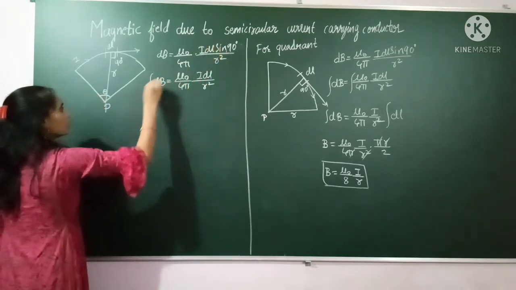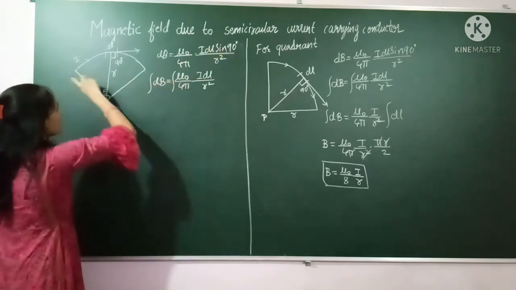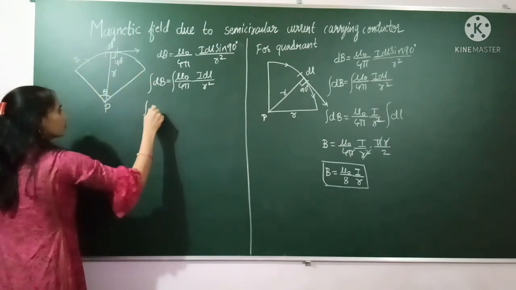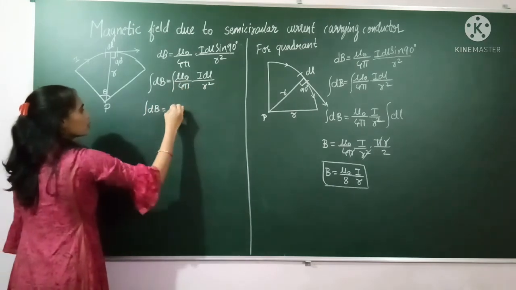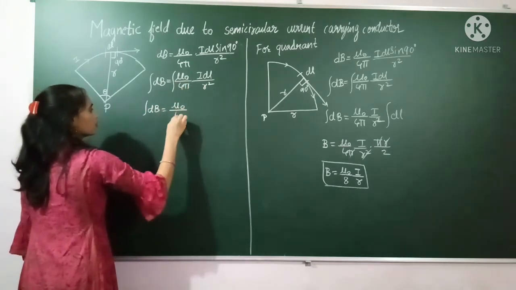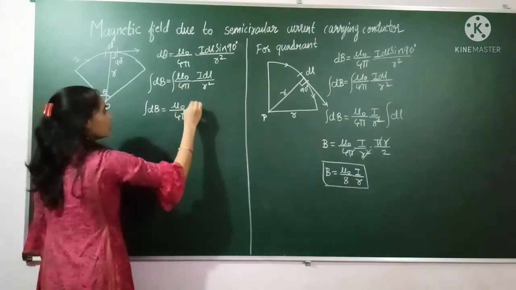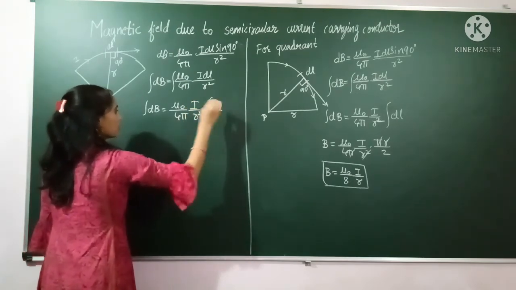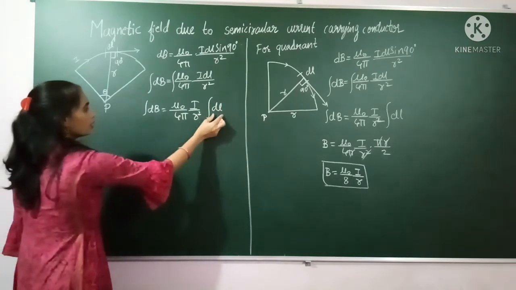If you integrate this equation then we will get the magnetic field for the complete arc. So integration of dB is equal to mu naught by 4 pi, which is constant, and I by r square is also constant. So we integrate dl. Now how do we calculate this dl value?